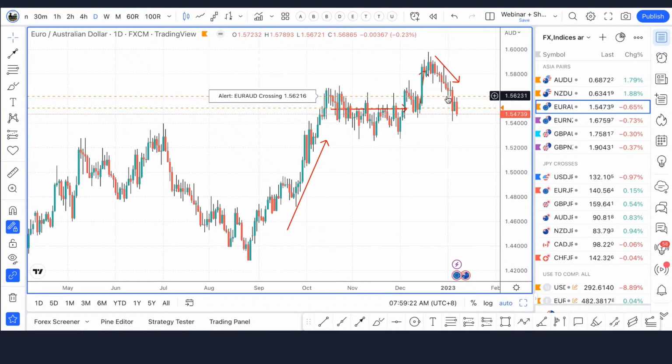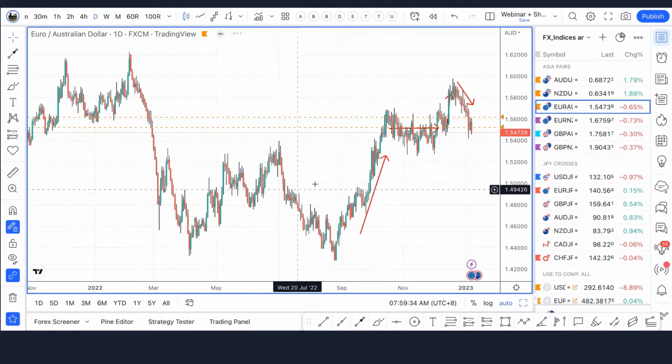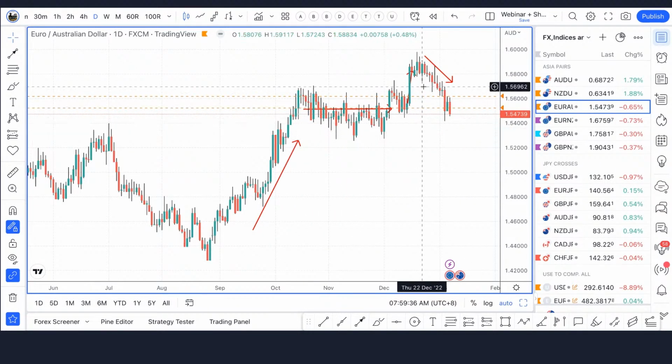This level around 1.56 is a good or decent support for it to hold in order for it to go up, I mean, to continue its upward movement, but it seems like things actually changed over the week, and I also looked at the pair itself.